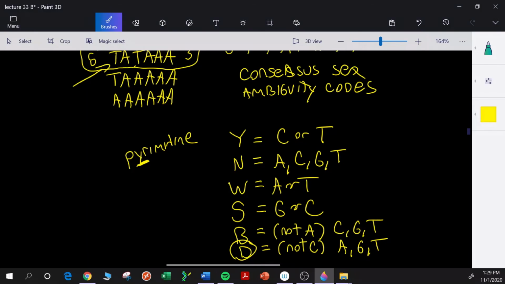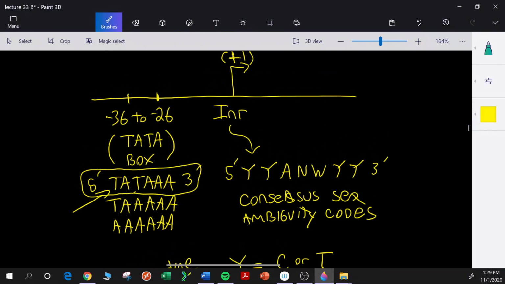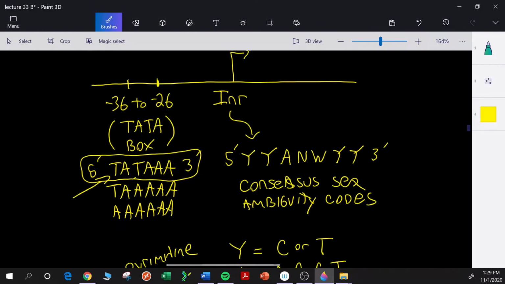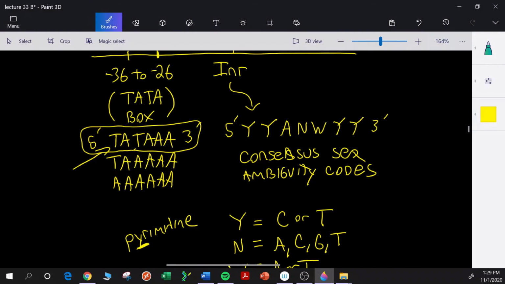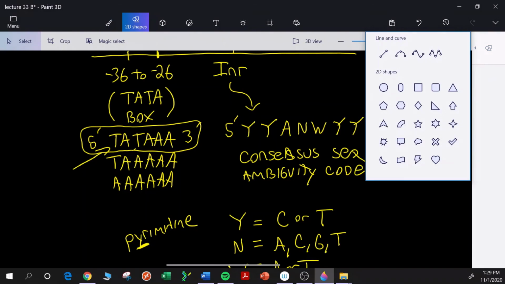So let's go back to the consensus. Here, let me, maybe I can erase some of this quickly. Let's see here. I want to use that shape. Okay. Done.